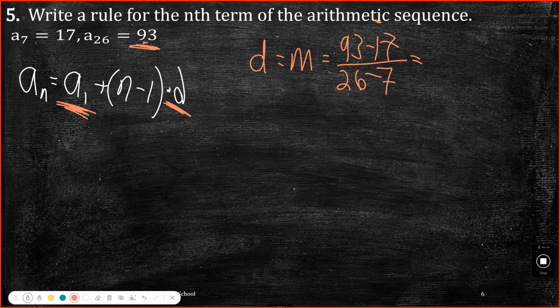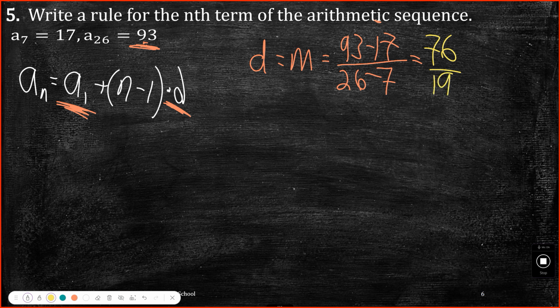What's 93 minus 17? 76. And what is 26 minus 7? 19.